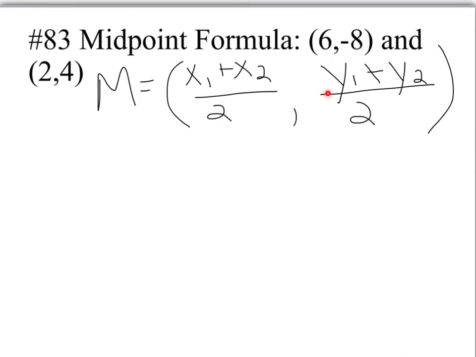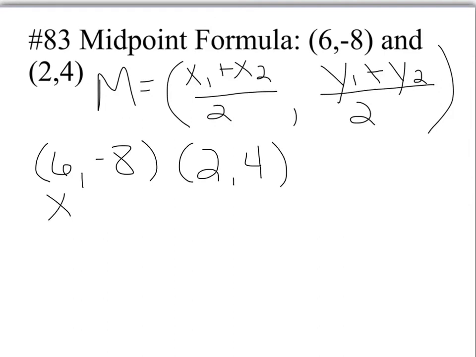Okay, so you'll always end up with a coordinate pair. So again, just like I did with the distance formula, I'm going to label my points. So I've got (6, negative 8) and (2, 4). So this is x1, y1. Remember, they're both 1 because it's my first point. And then x2, y2, they're both 2's because it's my second point.